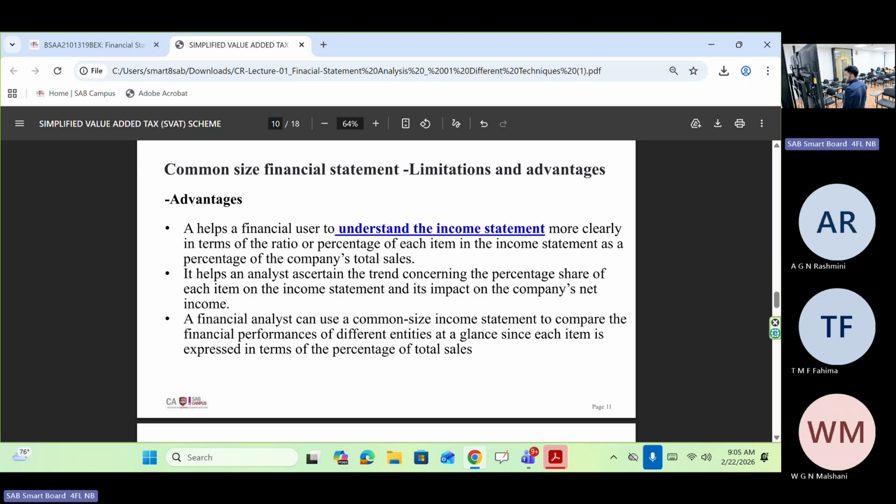Main advantage is it's very easily understandable. This type of a dashboard, right?